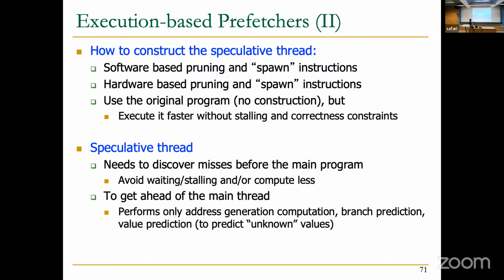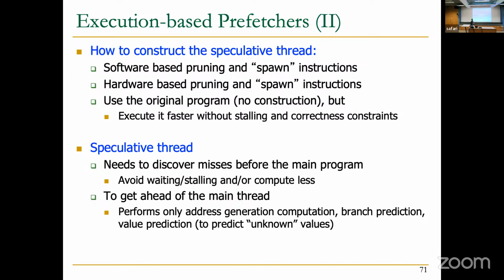The idea here is to get ahead of the main thread as much as possible, but not to execute it correctly. The whole goal is to run ahead as much as possible.